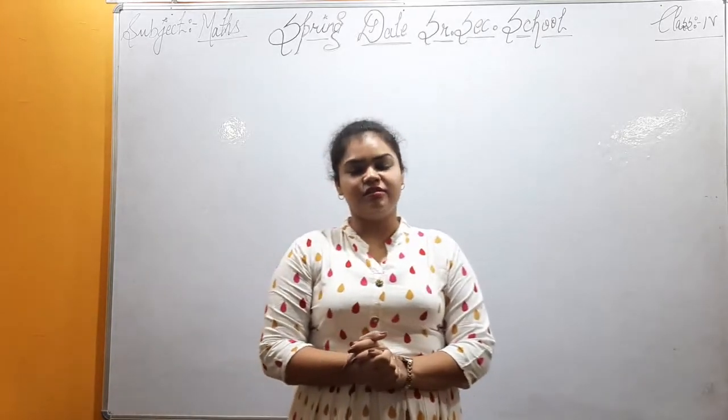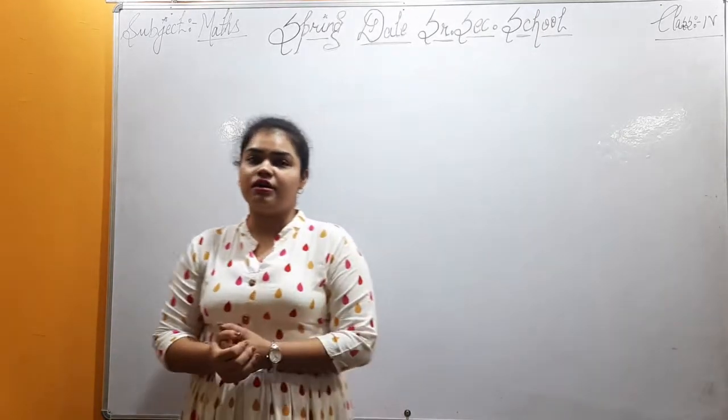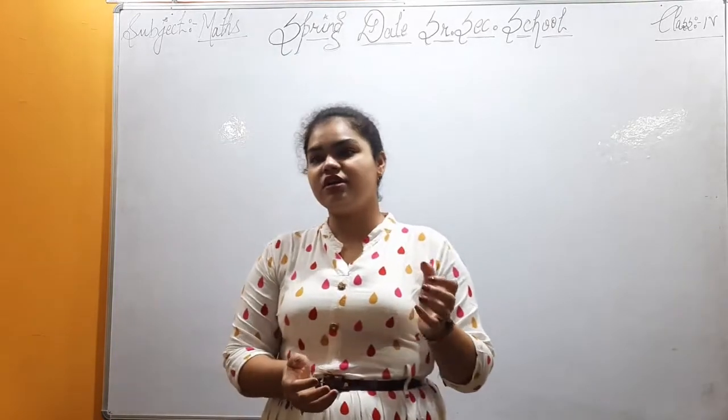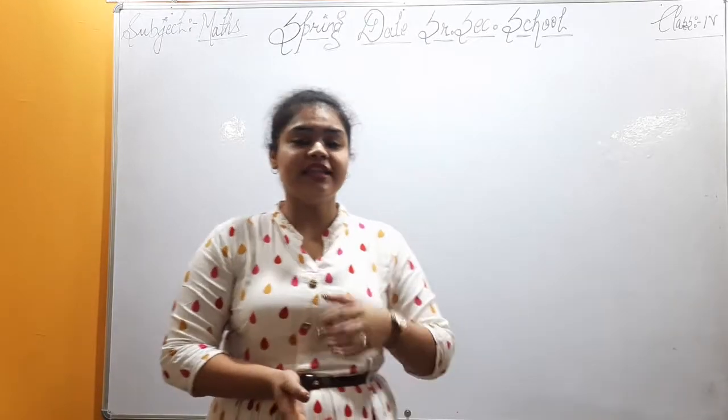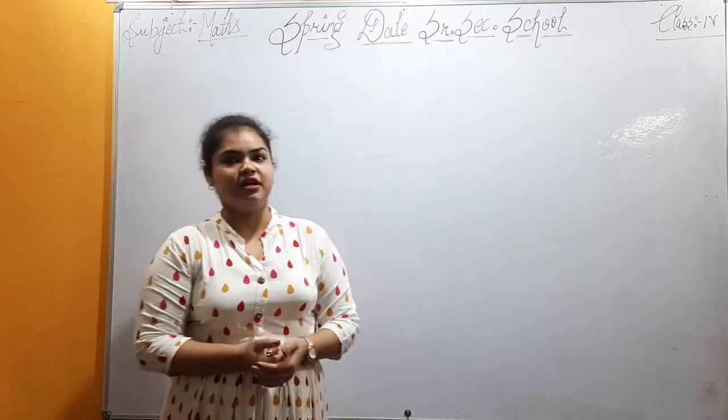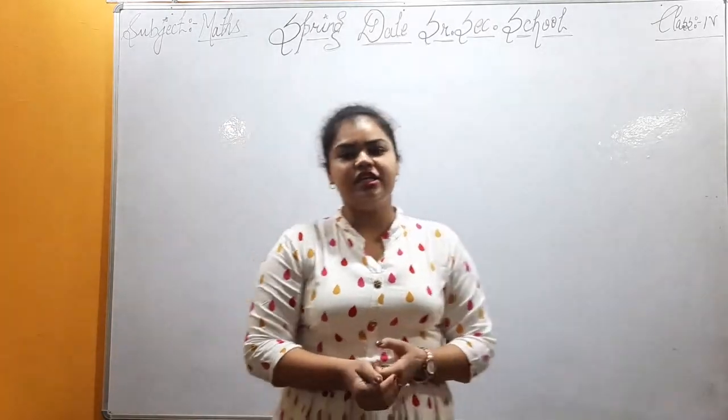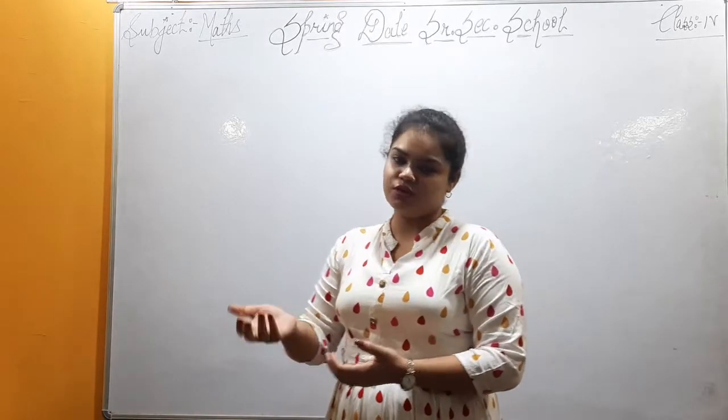Have you all seen the wall clock which is hung in your home or in your school or any other place? In that, there are numbers written. In some clocks, you see the numbers 1, 2, 3, 4 and so on.